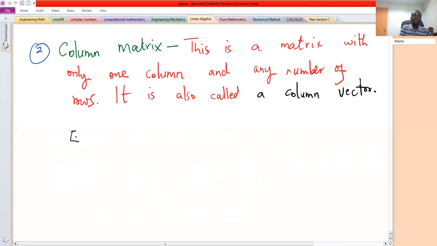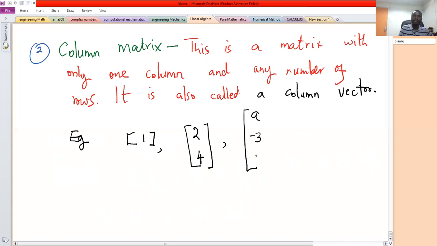So, examples. The same example we gave, 1, can still be classified as a column matrix. 2, 4 is another example.